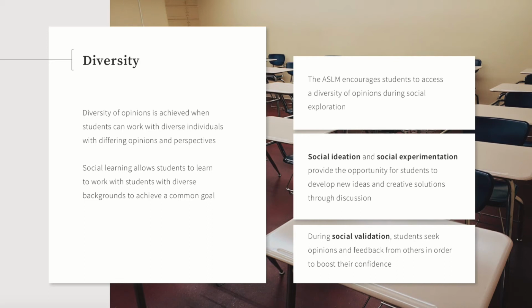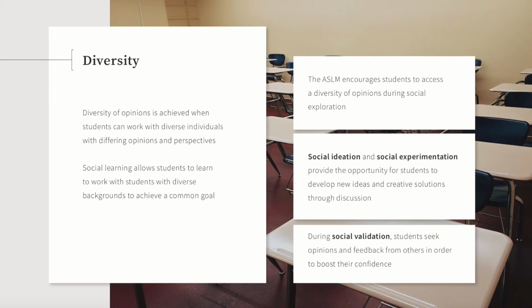Alonso 2015 stated that innovative solutions are the result of creative ideas that develop from complex interactions within a diverse group of individuals. The ASLM encourages students to access a diversity of opinions during social exploration. Social ideation and social experimentation provide the opportunity for students to develop new ideas and creative solutions through discussion.